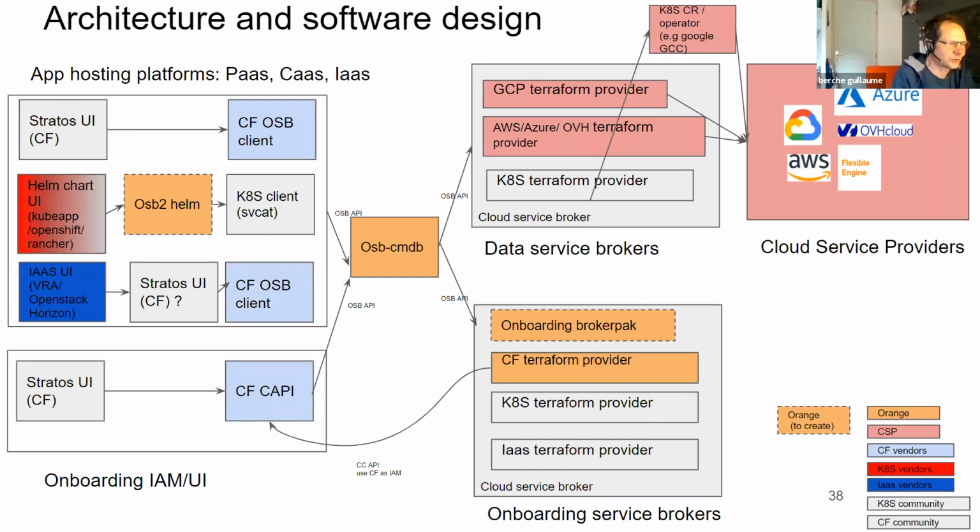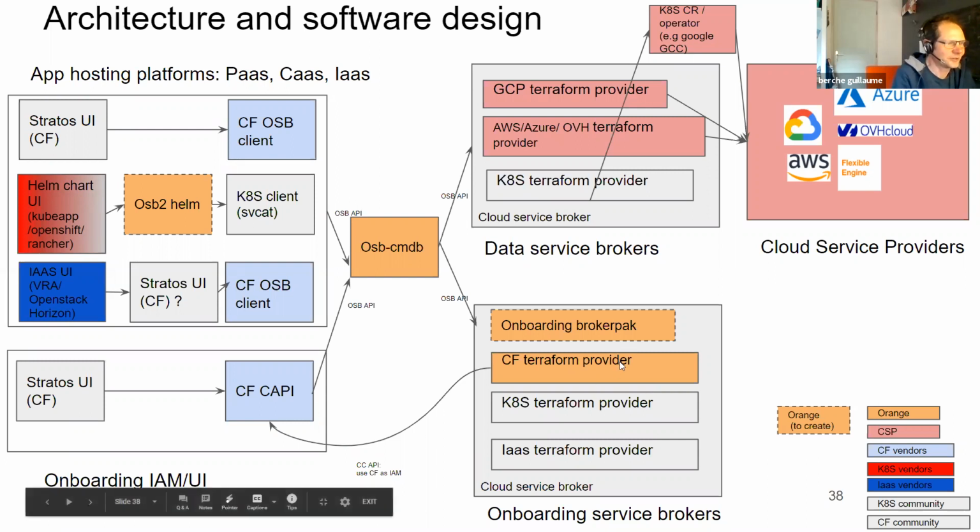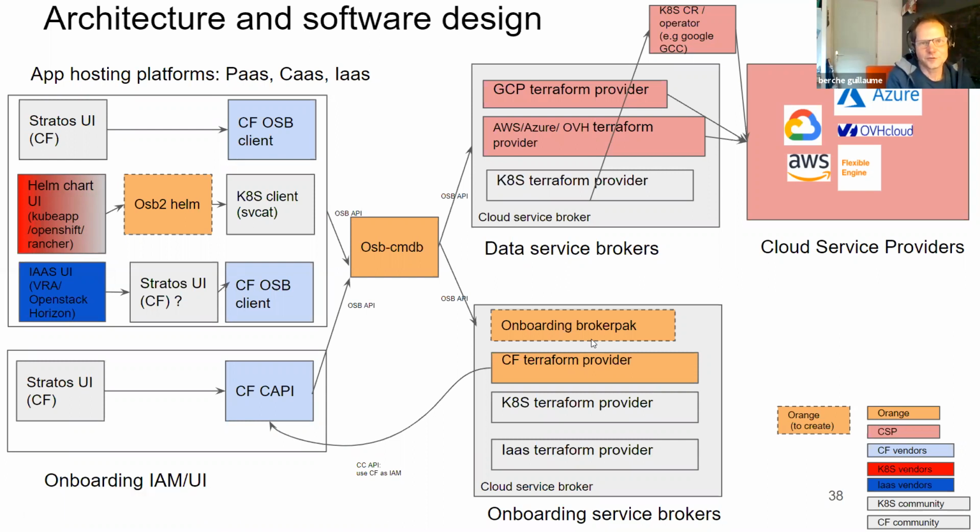So we are considering using the cloud service broker with the Terraform provider, and the cloud service broker supports this concept of broker pack. That's the name for Terraform modules. And so basically, there would be one module that would instantiate an org and a dev, QA, and prod space, in the example for the service plan project I was showing.